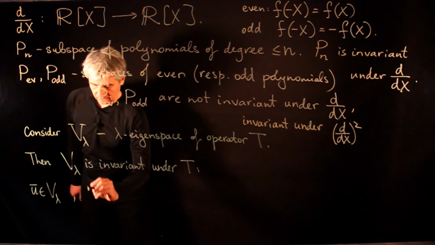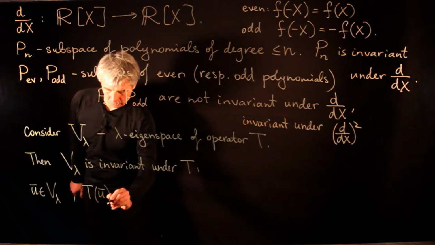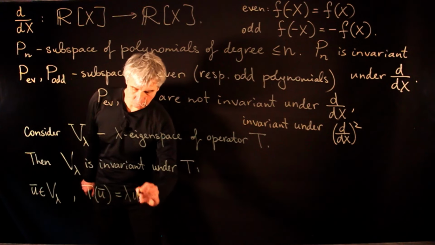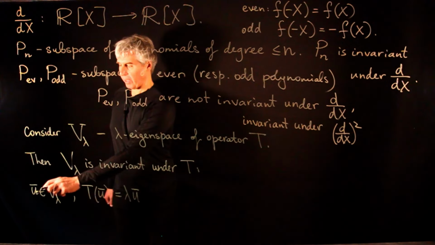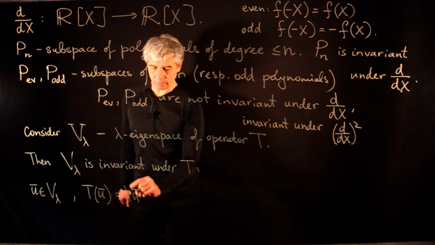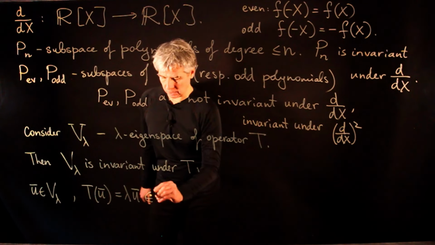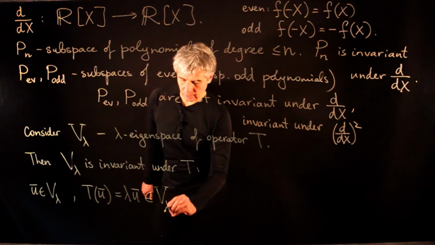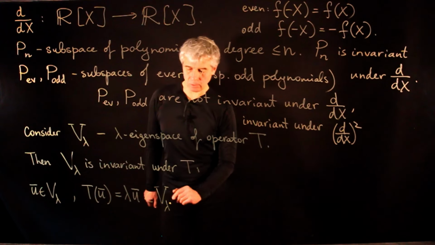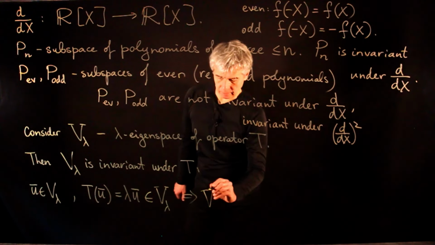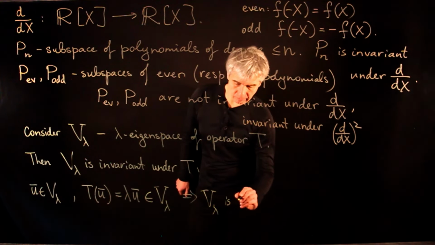So what is T of u? T of u is equal to lambda times u. But if we take a vector in a subspace, then any multiple belongs to the same subspace. So this belongs to V lambda. And by definition, this tells us that V lambda is an invariant subspace.